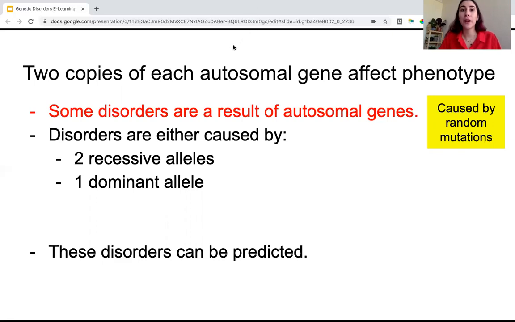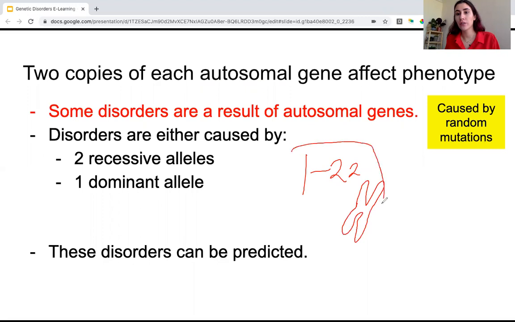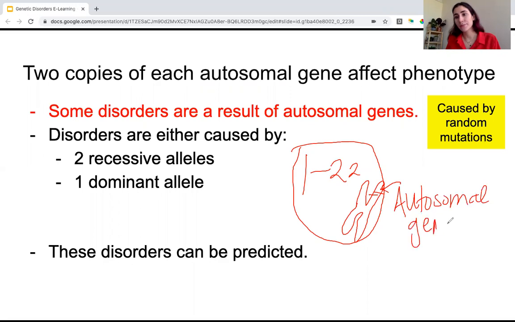So either pair 1 to 22, the chromosomes that we saw in the previous karyotype, there will be a random mutation that will affect these genes. These are known as autosomal genes.